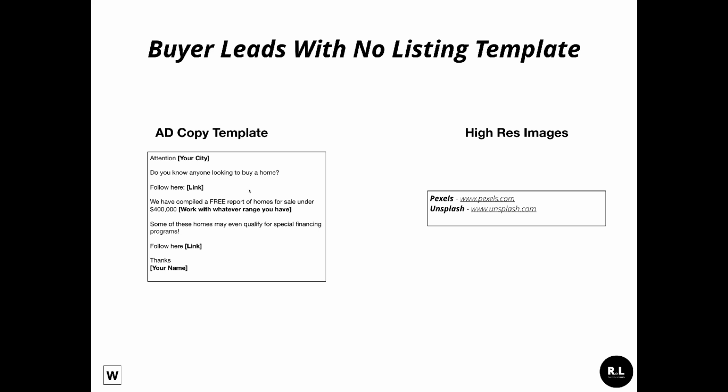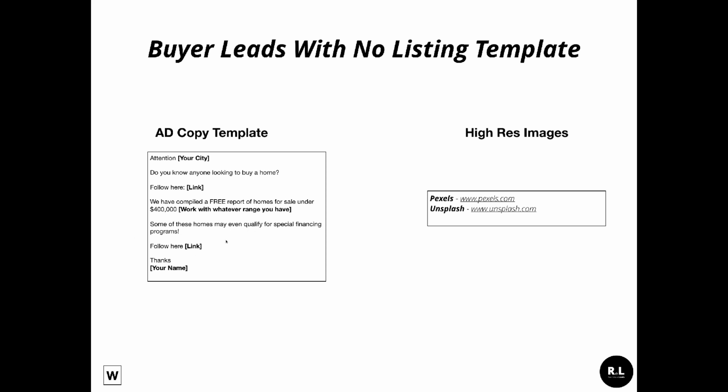Then you can add in that some of these homes may even qualify for special financing programs, because most buyers are cognizant of the fact that they need to ensure that their credit is good, and they want to ensure that they will be able to qualify for these homes. Adding that works pretty well.